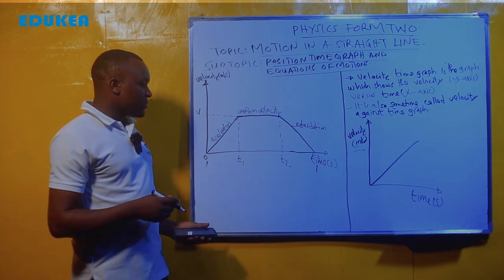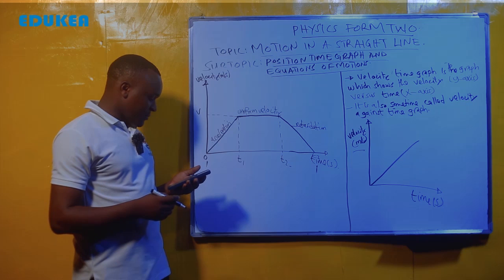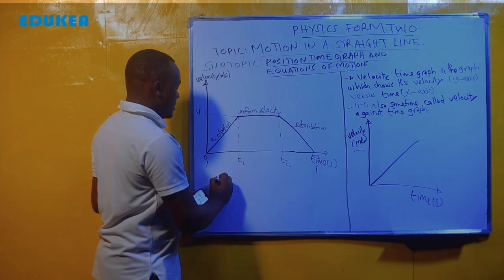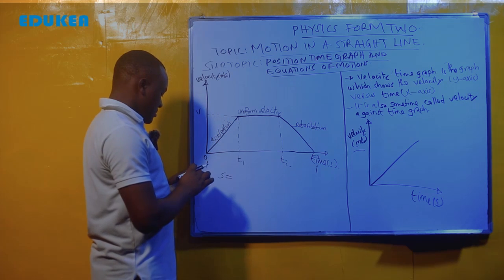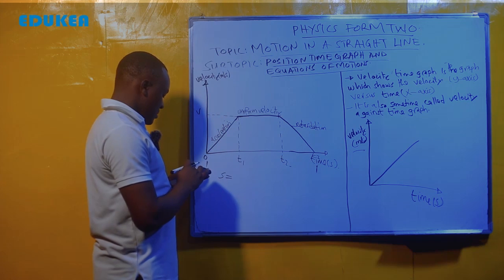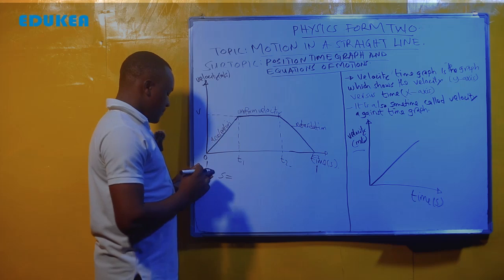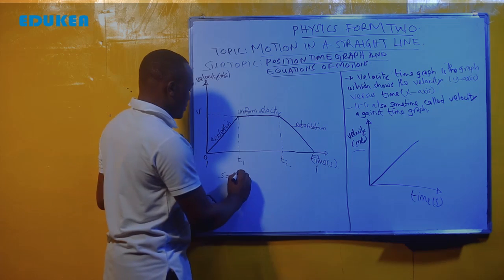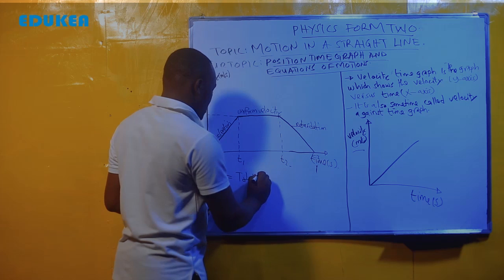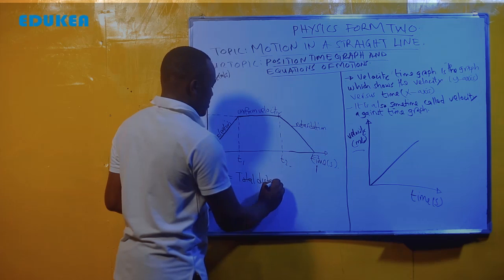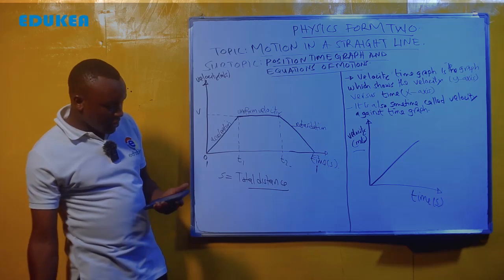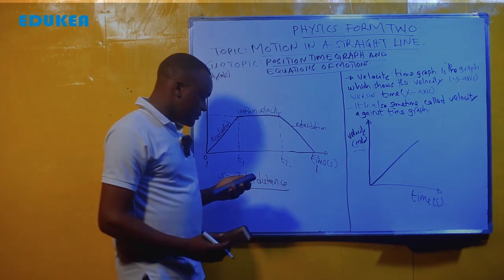That means the total distance will be equal to S. This will be the total distance, but in order to calculate it we find the total area.